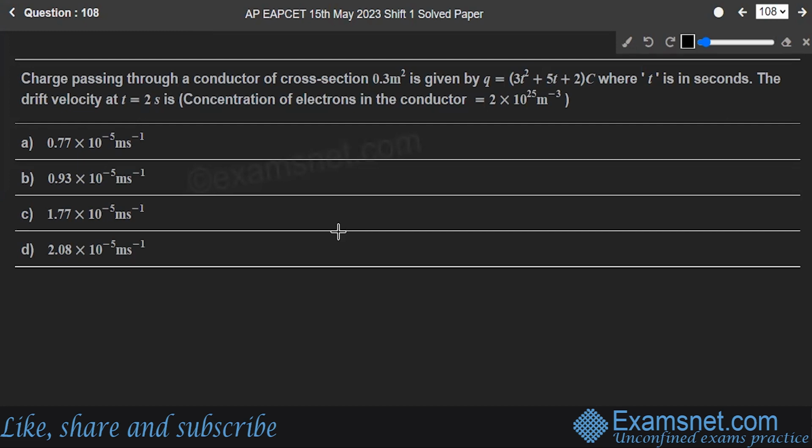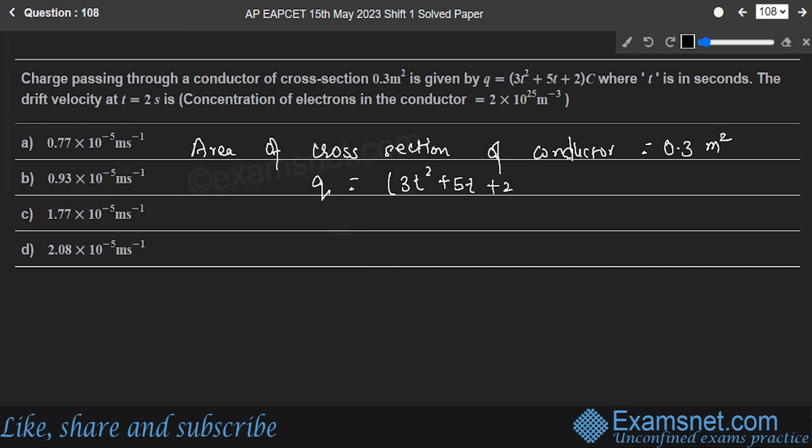So here you have the area of cross section of the conductor as this much, and the charge is given to you as 3t square plus 5t plus 2 coulomb, at time 2 seconds. Concentration of electrons in the conductor is 2 into 10 power 25 per meter cube.